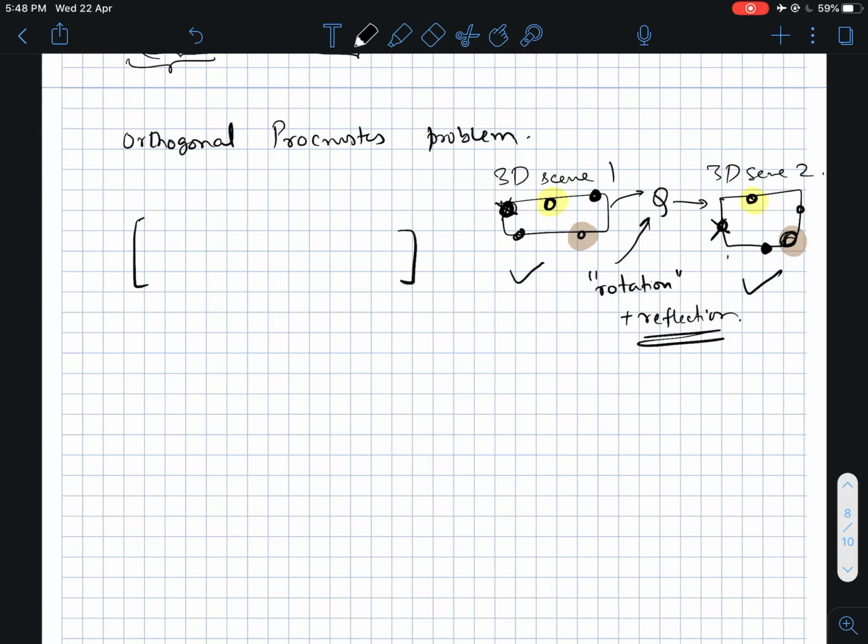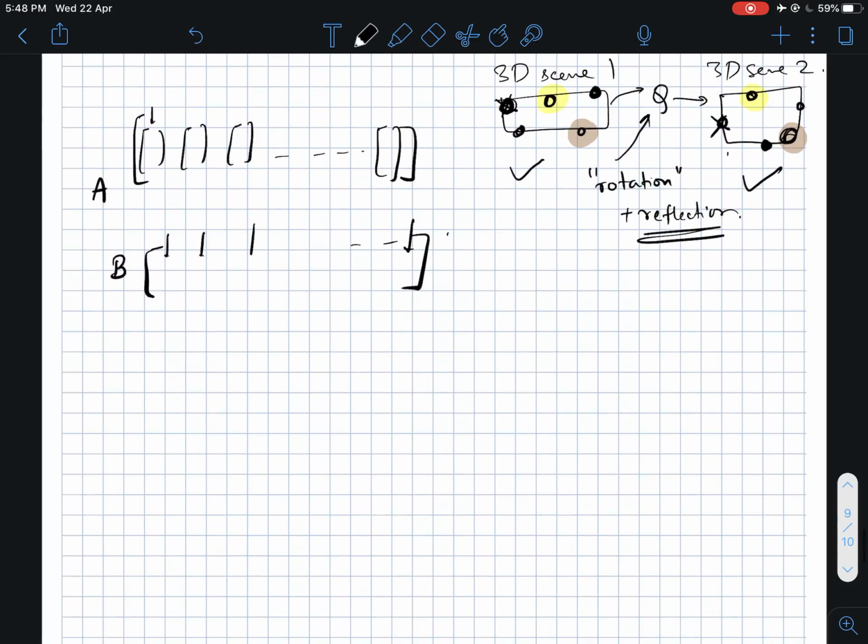Suppose I record all the points in scene 1 as a matrix. This is the first point in scene 1, this is point number 2, this is point number 3, and so on. The number of points will be however many points you have recorded in your 3D scene. This is my matrix A. The columns of my matrix A correspond to the vectors in scene 1. Similarly, the columns of the matrix B correspond to vectors in scene 2.